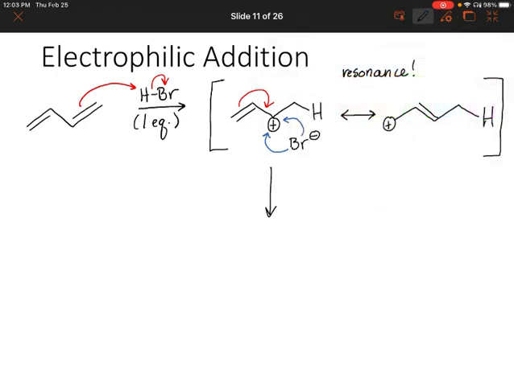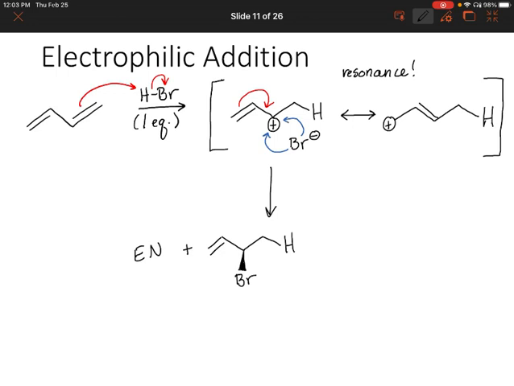So we'll end up with enantiomers as our products. But I'll just draw one of the enantiomers, and I'll write plus En off to the side.